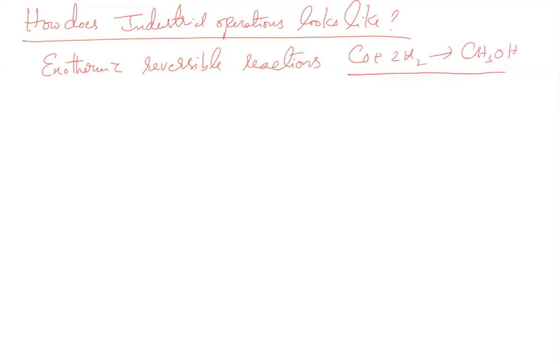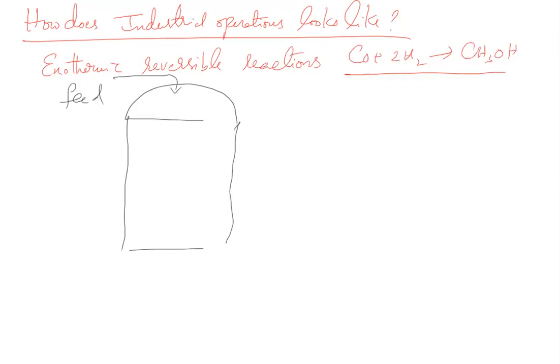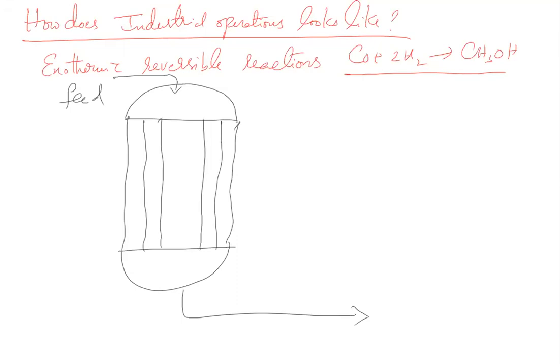So how does an industrial reactor look? Here is a reactor something like this. Your feed is coming here. You have tubes, something like this. In the tubes, catalyst is filled.